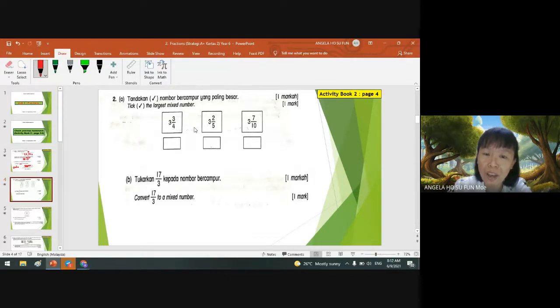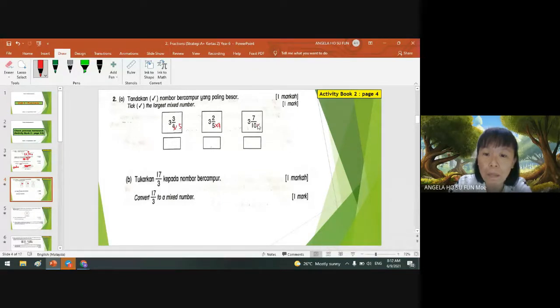If I want to make all these denominators the same, I know I can make it become 20. This is the common multiple. If I multiply 4 by 5, I get 20. If I multiply 5 by 4, I get 20.